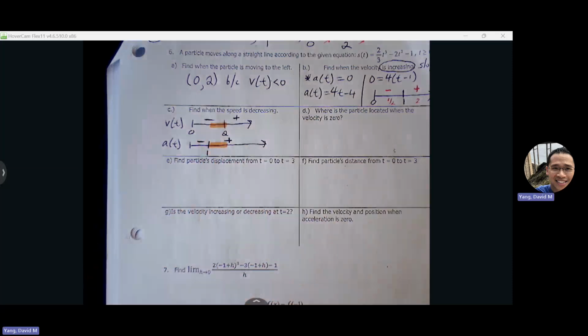Good. This interval here, velocity is negative and acceleration is positive. Is that the only place? I think so, right? Because here the signs are the same. Here the signs are the same. It's just from 1 to 2. And the reasoning is because V of t and A of t have opposite signs.